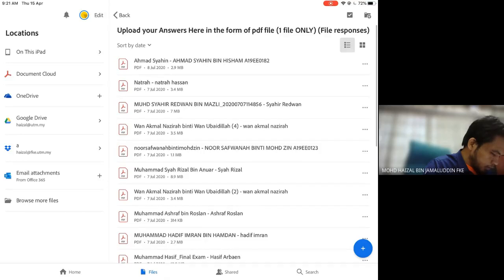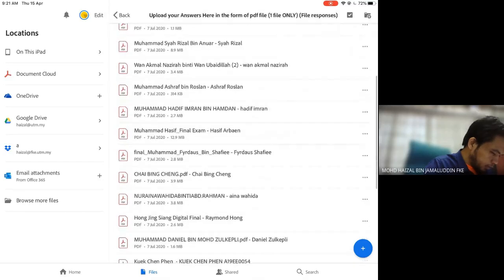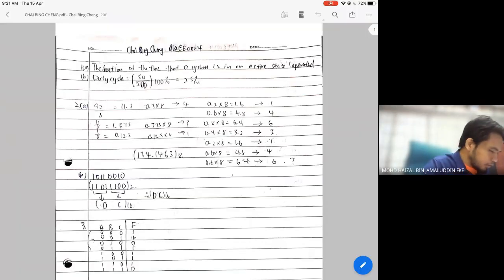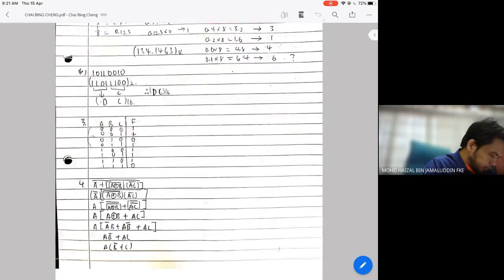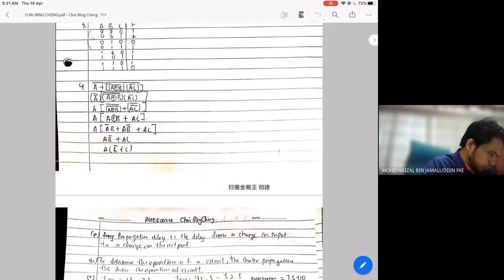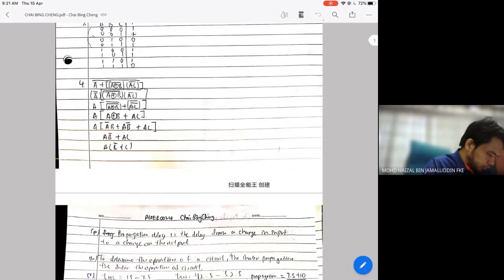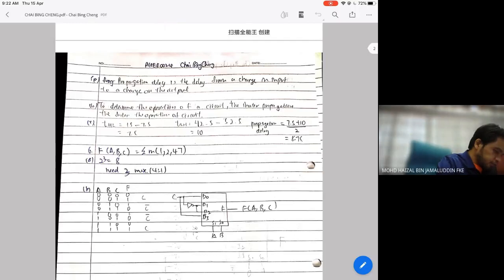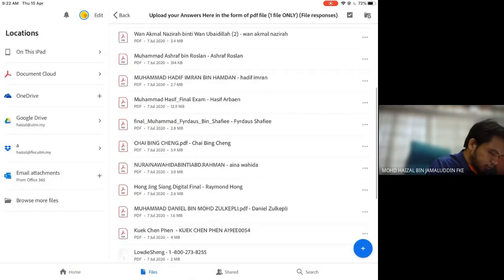Okay, this is an example directly. Your seniors'. But there is no question, it's just the example directly. If I have a question with the answer, it's okay.